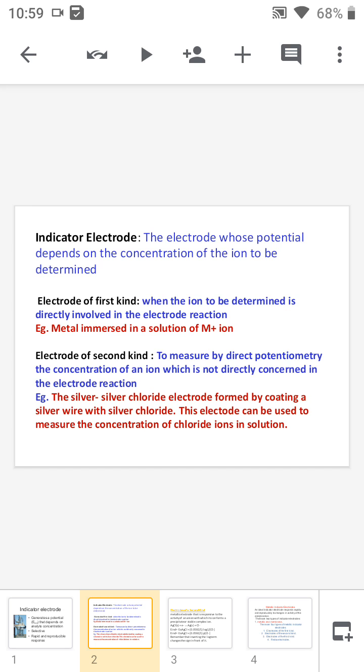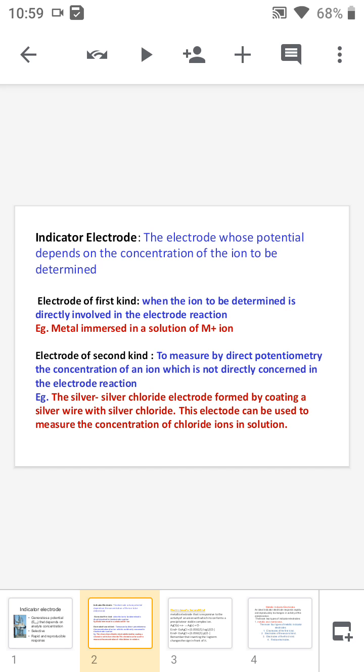If we combine them together, we get a cell. By measuring the potential of that cell, we can easily find out the potential of the analyte solution, and finally we can convert the potential into the concentration of that ion. So this is the first kind electrode.